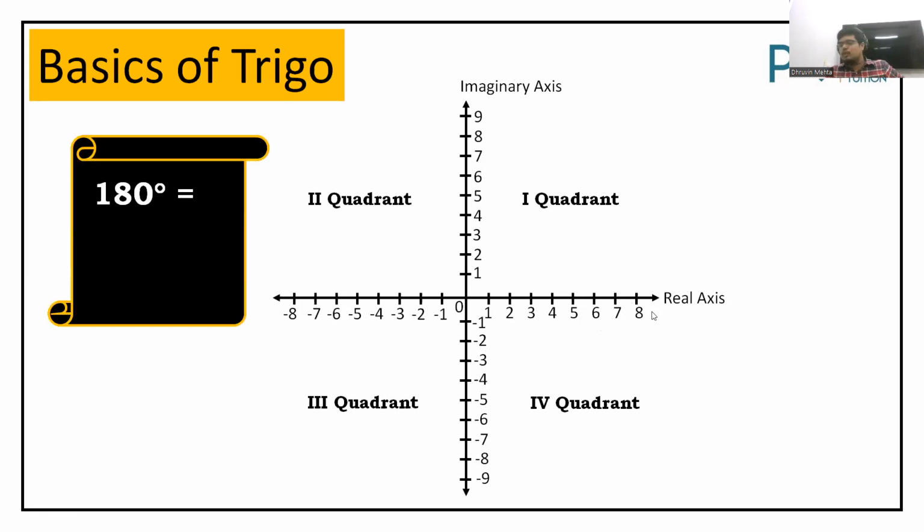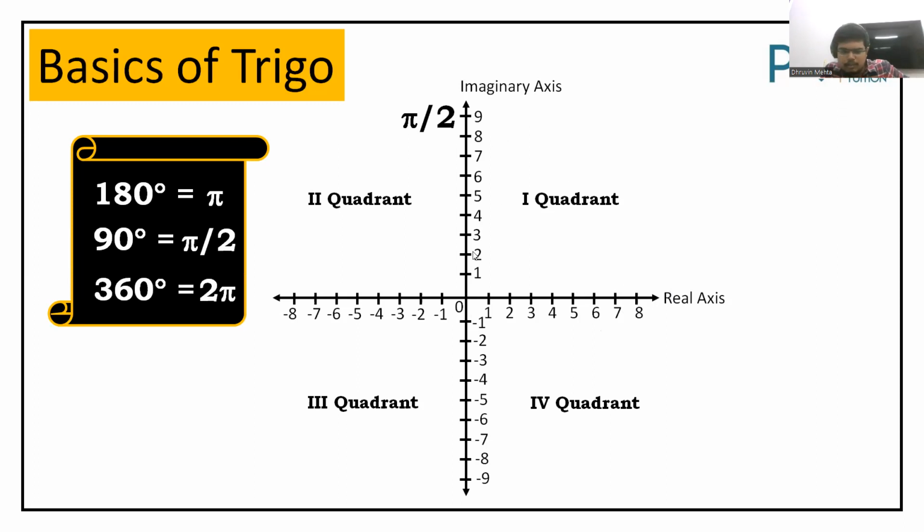Now, in trigonometry, we have studied that 180 degree represents pi, 90 represents pi by 2, and 360 represents 2 pi. ये देखा हुआ है हमने. तो 90 को मैं मार्क कर रहा हूँ pi by 2, 180 को pi, and 360 is going to be 2 pi. Now, do you know this rule that if one angle is in first quadrant, it is theta.